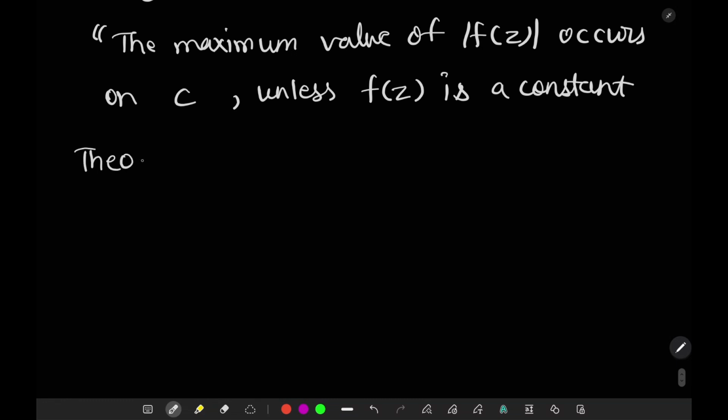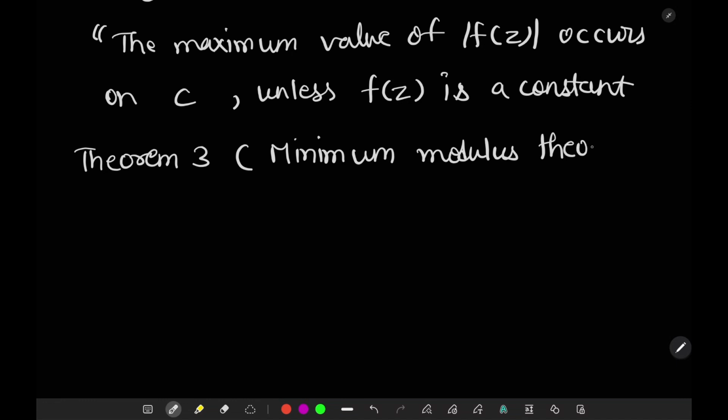Now theorem 3, this is called the minimum modulus theorem.